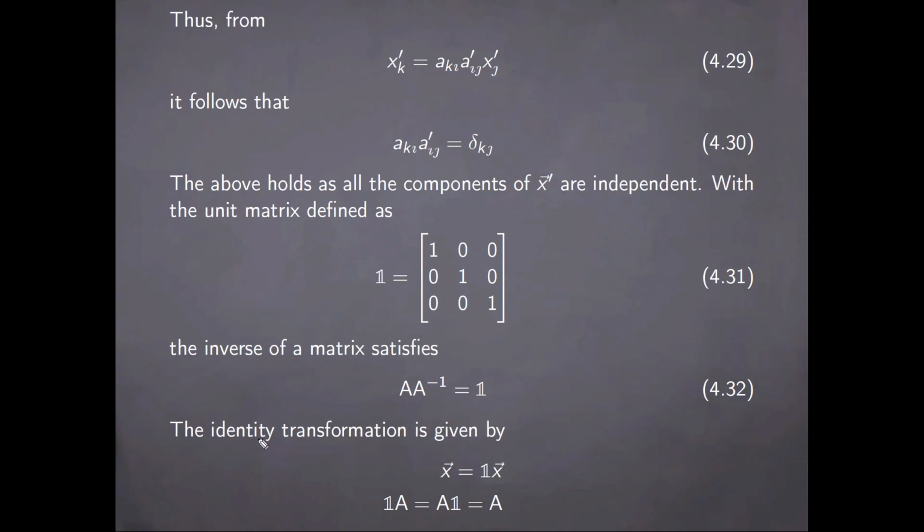And then with the unit matrix itself, we can define the identity transformation as given here. So a vector is equal to the application of the identity matrix to it, and multiplying an arbitrary matrix A with the identity matrix is commutative, as we always obtain the matrix A.